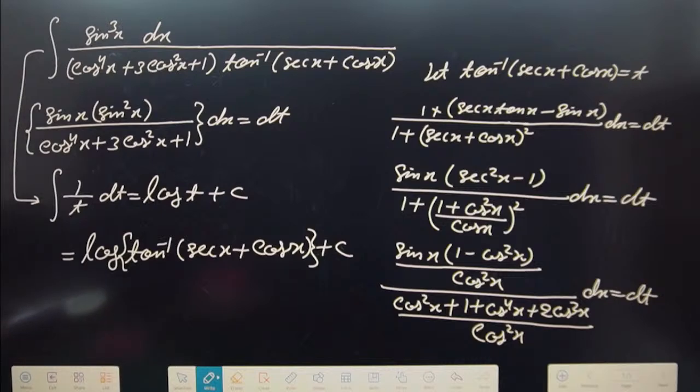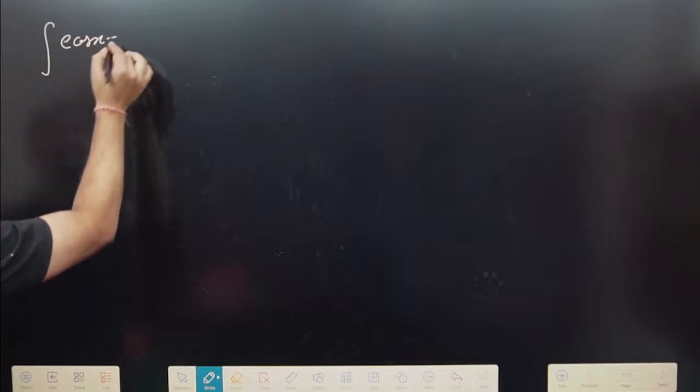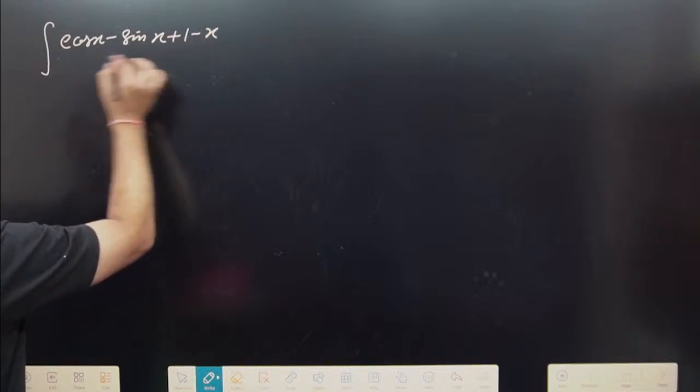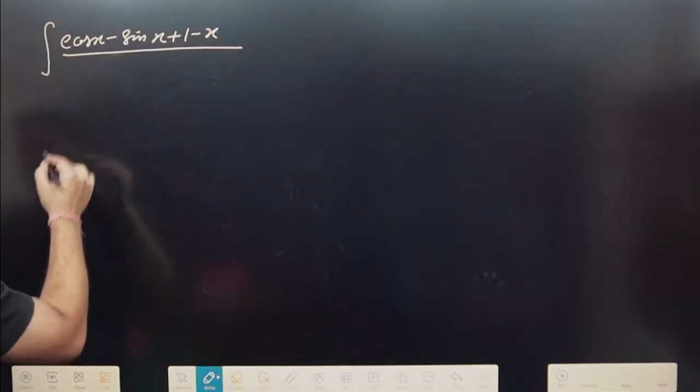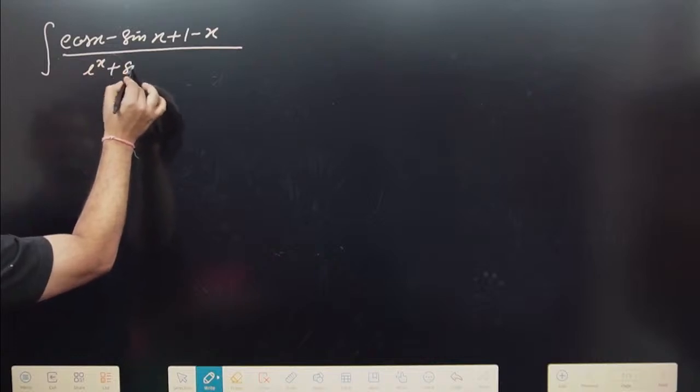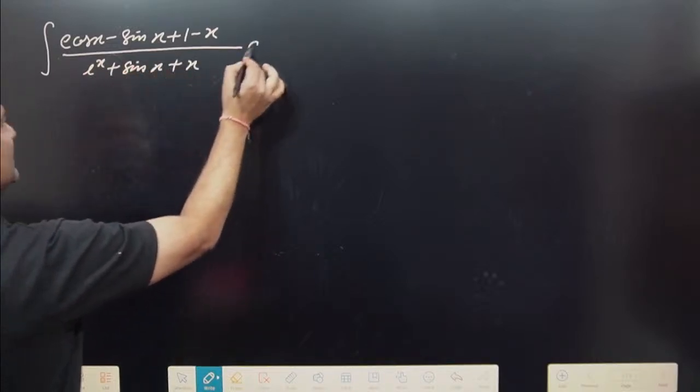Now we focus on another question. The next question is the integral of cos x minus sin x plus 1 minus x, the whole divided by e to power x plus sin x plus x, into dx.